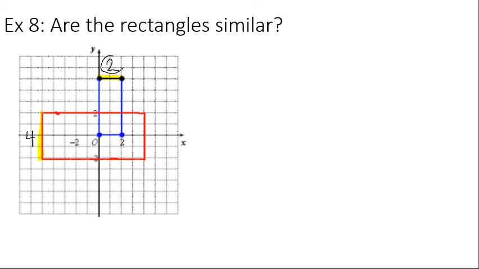So if I go from 2 to 4, I multiply by 2. Or I could also show it like this. I go 4 over 2 is equal to 2. So that's my scale factor.